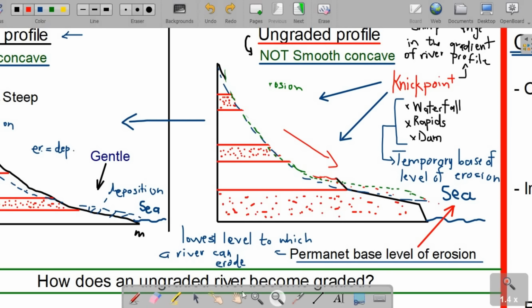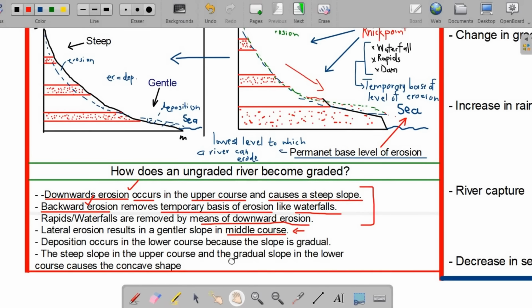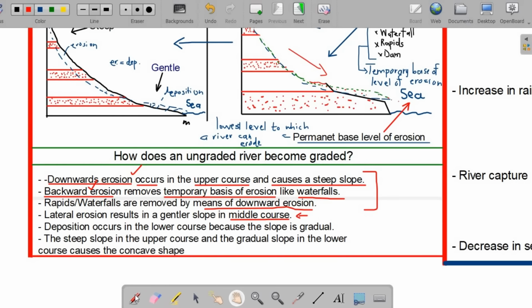So downward erosion makes the upper course steeper, backward erosion removes the nick points, and the rapids and waterfalls are also removed by downward erosion. Then we need lateral erosion in the middle course, which results in a gentler slope. We don't want more vertical erosion in the middle course.